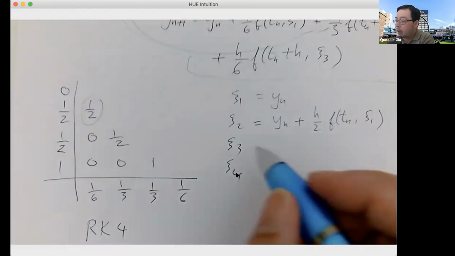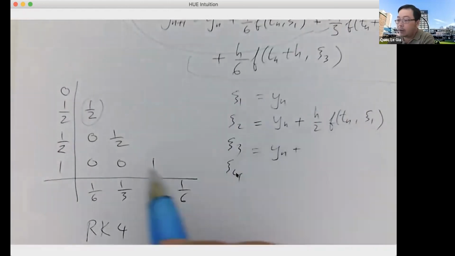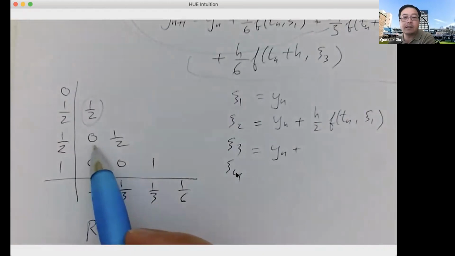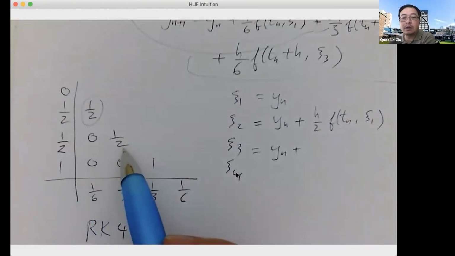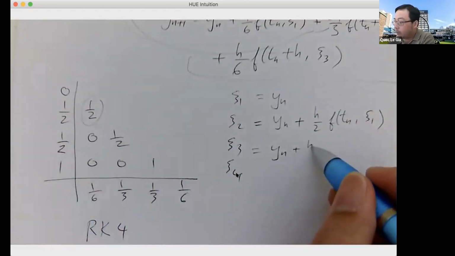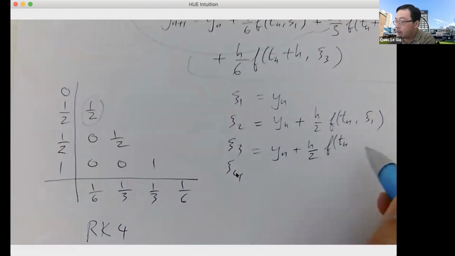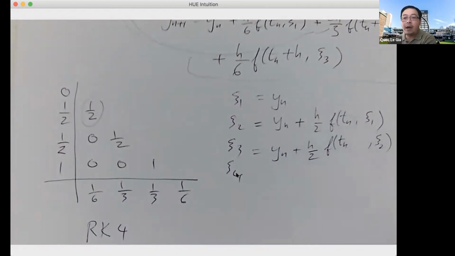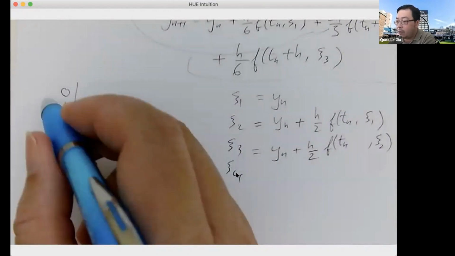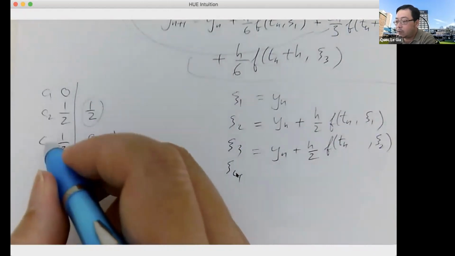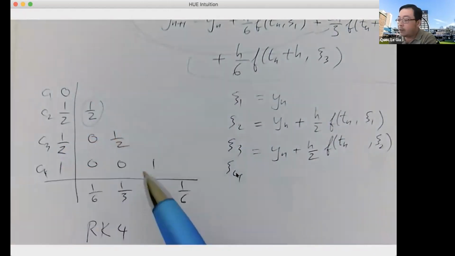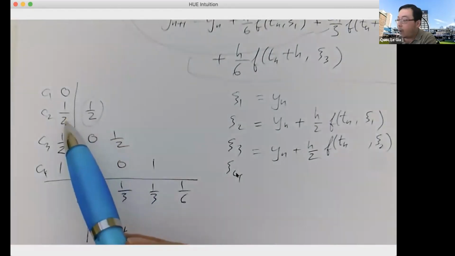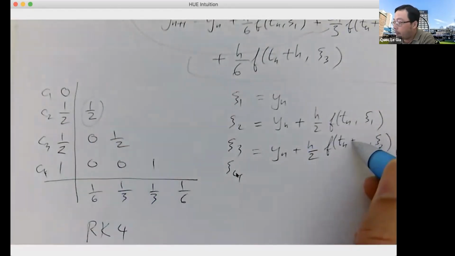And now xi3, 0 here, so it means that there's nothing for f of xi1, but this h over 2 is something with f xi2, so you have to put h over 2 f of Tn xi2. But remember, because this is C2, so C1, C2, C3, C4. C2 is non-zero, so h over 2. So you have to add h over 2 here.